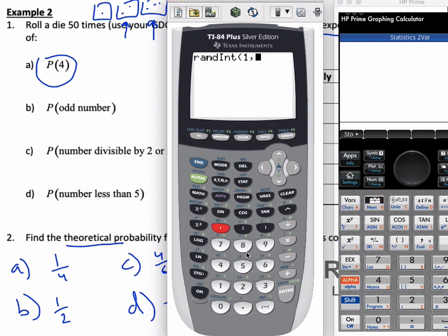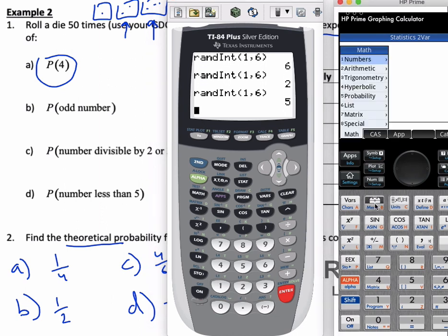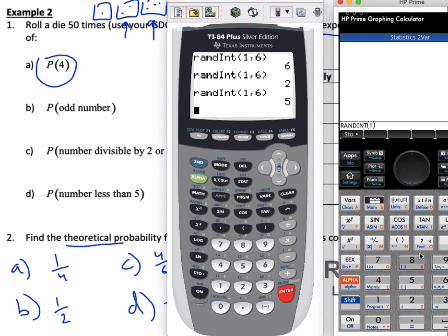Then you can type 1, 6, and it'll give you an integer between 1 and 6, just like a dice roll. On the HP Prime, you click on the toolbox and go to Probability. Random is number 4, integer is number 2, and then again you just do 1, 6, and you get integers between 1 and 6.